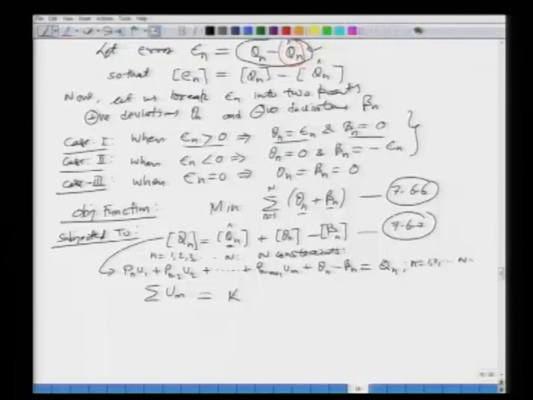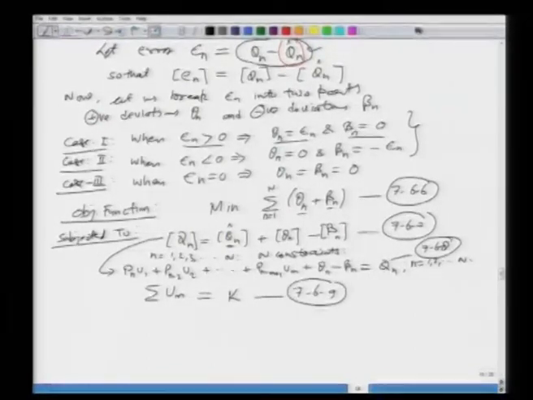Okay. I am not going to go into the detail of this too much. This is 7 6 8, no, this is 7 6 9. In fact, this equation was 7 6 8 and this is 7 6 9. Okay. So, what this equation is doing is ensuring that the area under the UH is unity.